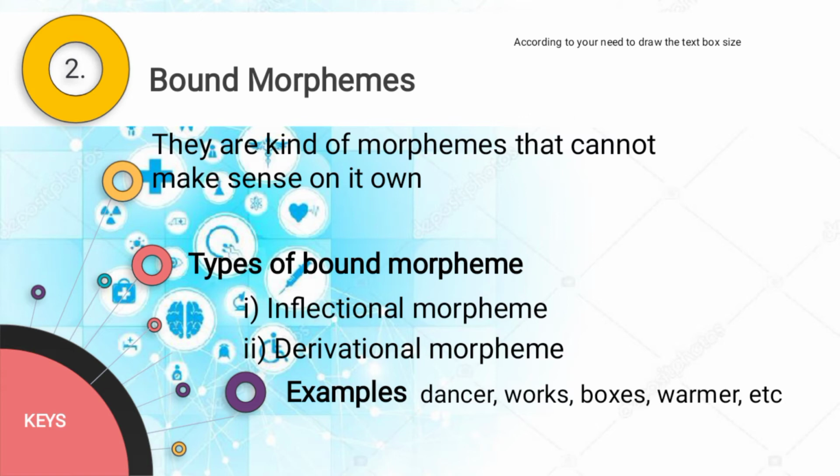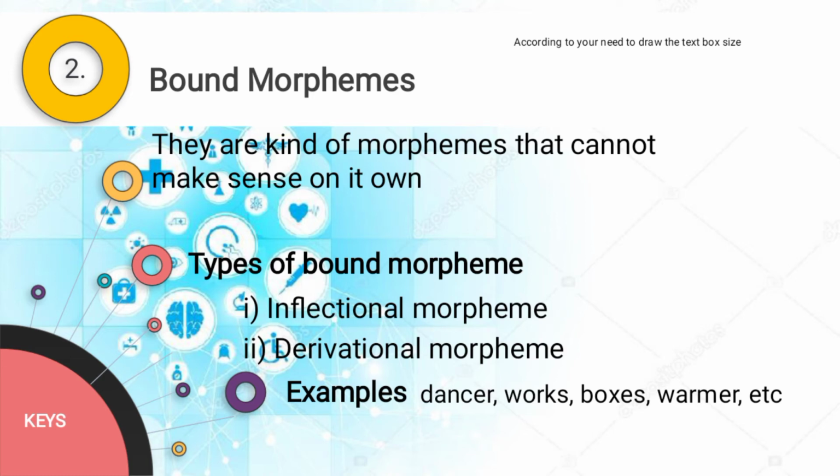The morpheme er, used to describe someone who performs a certain activity, cannot stand on its own, but needs to be attached to a free morpheme, a verb in this case, to make a meaning. Let's take an example like dance. When you add er, it becomes dancer, so it makes a meaning.